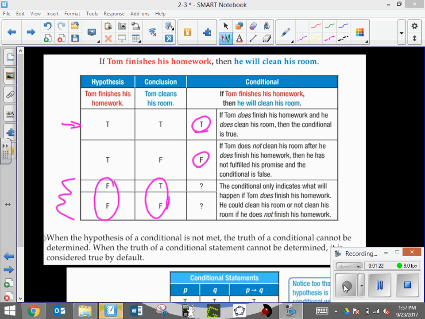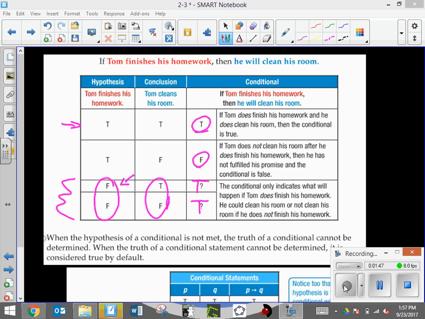It's not going to matter. Whenever this case happens, hypothesis is false, we're going to take our conditional to be true. And those are the two cases that people get mixed up on. We just cannot determine the truth value of it, so we're just going to say that the conditional is going to be true when the hypothesis is false.